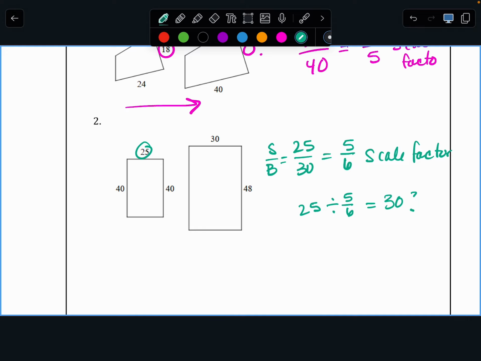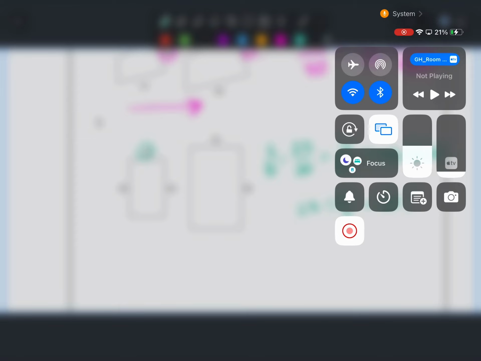So to prove it, you take 25 divided by 5/6, and that should equal 30. That's how you do it as you're doing the math for that section to figure out that you have the right one, okay? This isn't difficult. You just need to pay attention to order and make sure that you are matching the corresponding parts.